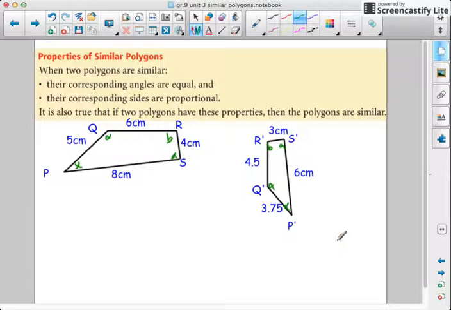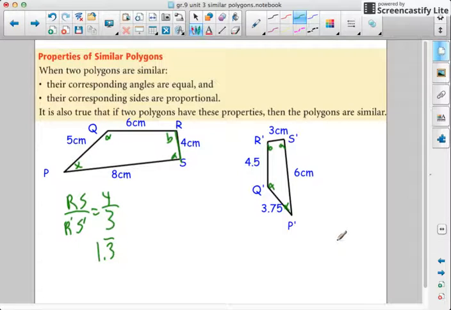So if I match up this side here, RS, and found the scale factor by dividing that by R'S', that would give me a number. So that would be 4 divided by 3, or 4/3. So that's 1.3 repeating.